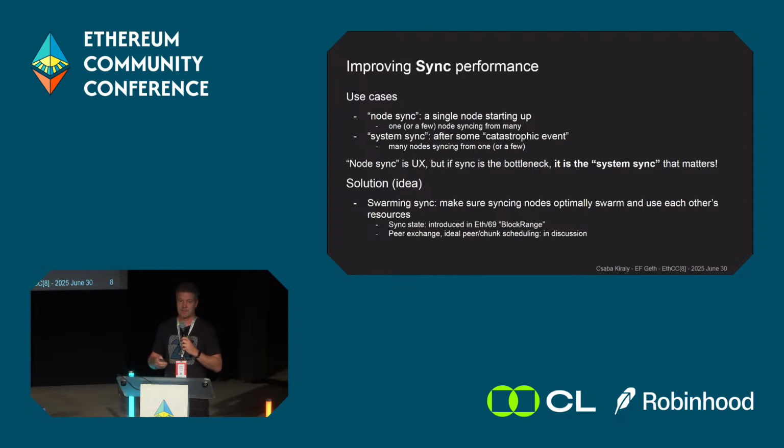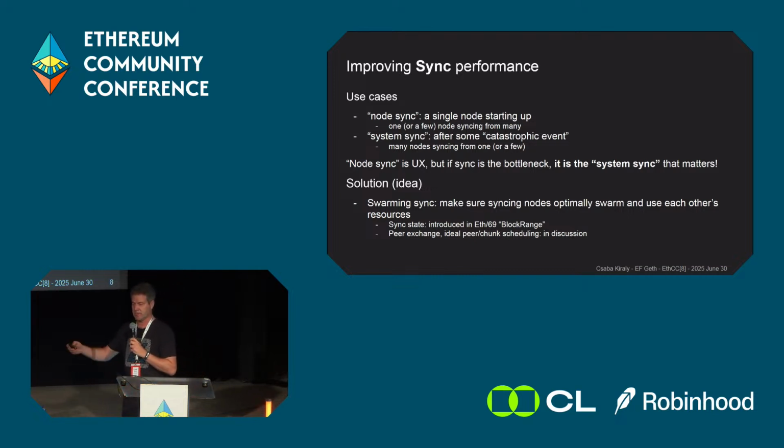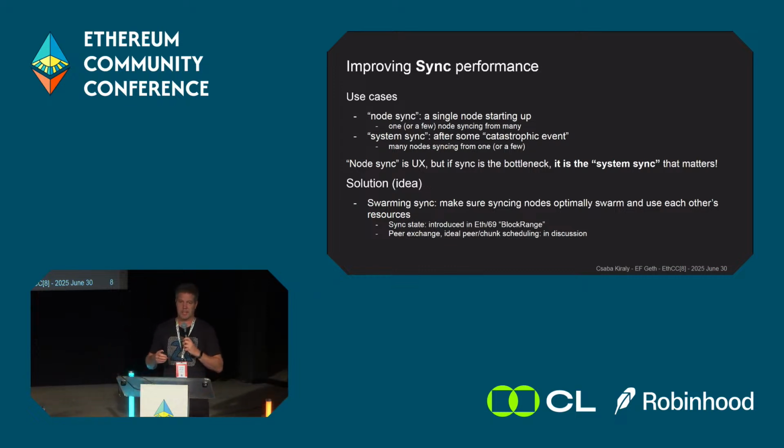We have ideas here for solutions. One thing that we can do here is what I call swarming sync. Sync now is typically done linearly. But you can do syncing in a way that the syncing nodes form a swarm, BitTorrent-like. There are standard techniques there, which were developed like 20 years ago, which we can use.